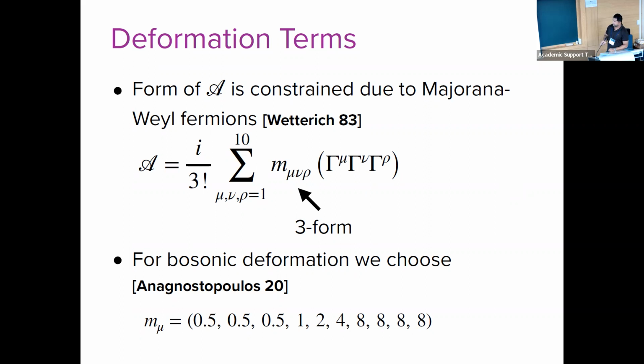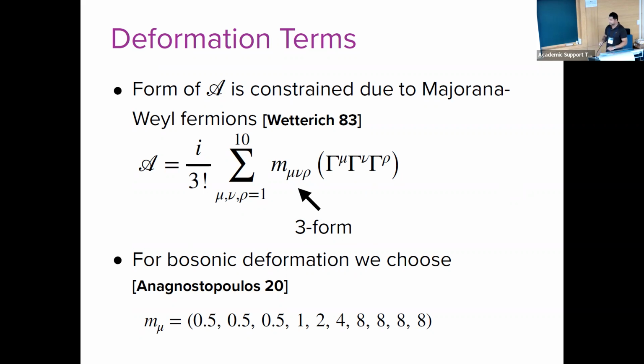Now again, for the bosonic case, we introduce mass terms in a particular way. To keep track, we could put randomly chosen mass values here, but then things will be spread out everywhere, and it's not easy to track.